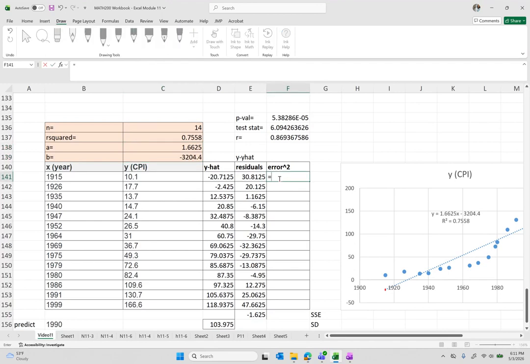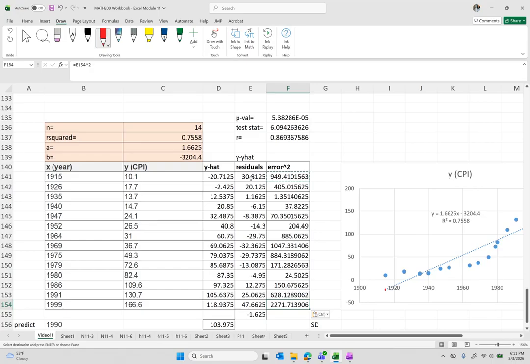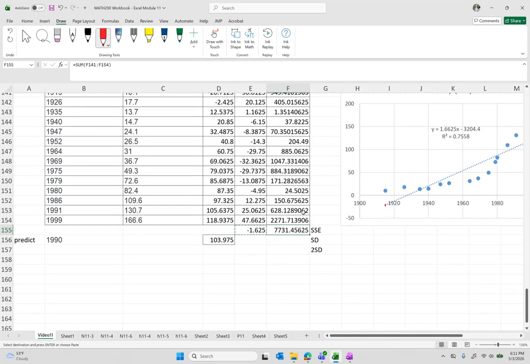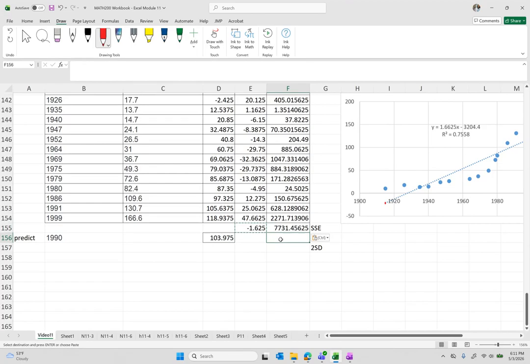So error squared, I want to square every residual that I found, and therefore I want to now add the squared errors to find the standard deviation.